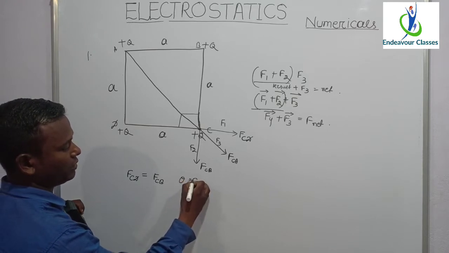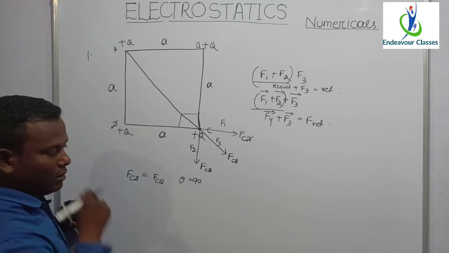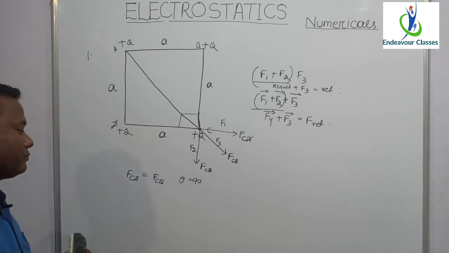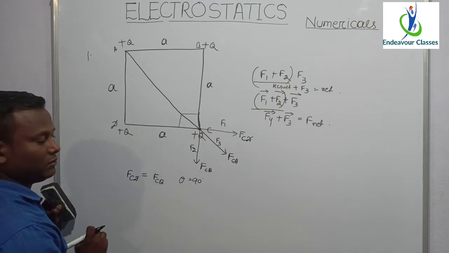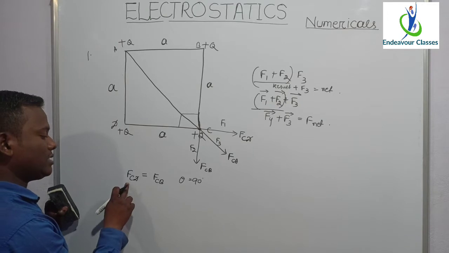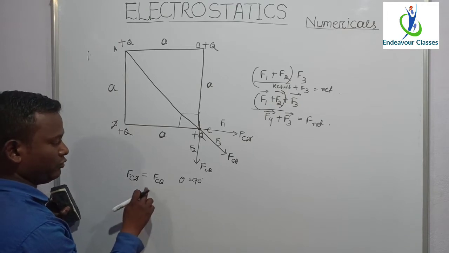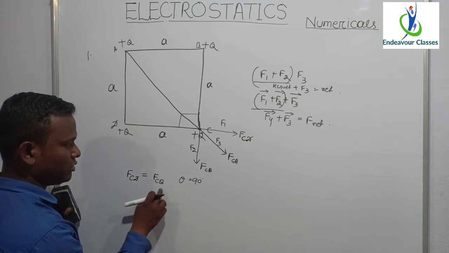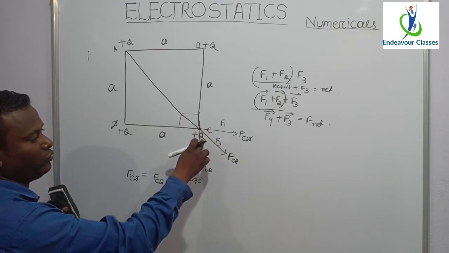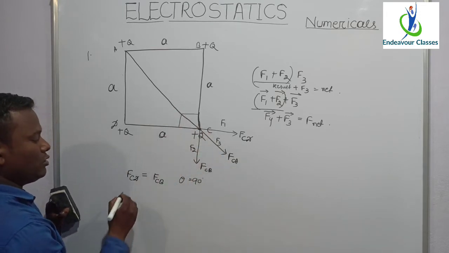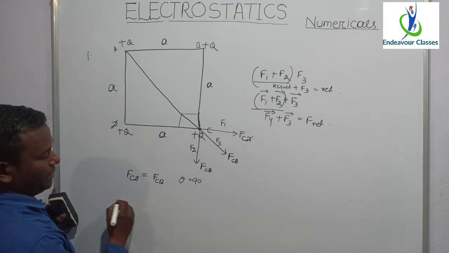So here theta is equal to 90 degrees. First let us find the resultant of these two, and then we'll add it with the third force to find the net force on this plus Q.